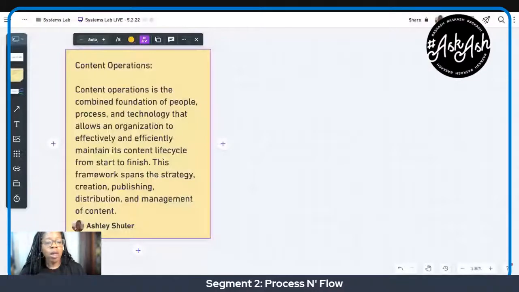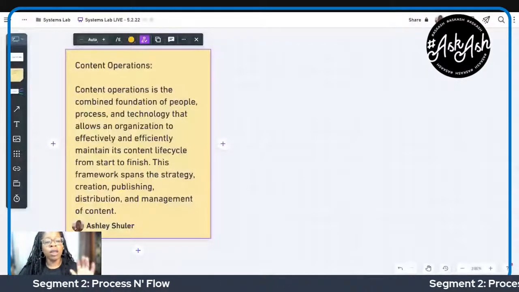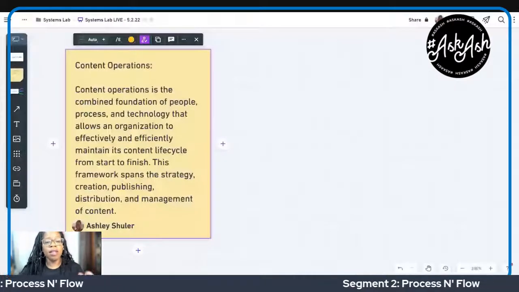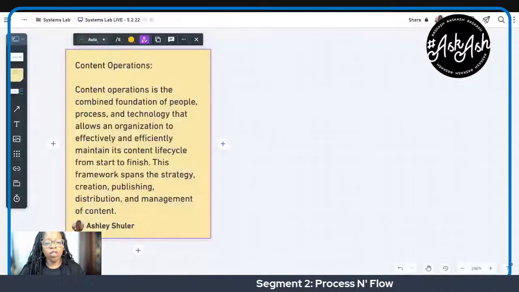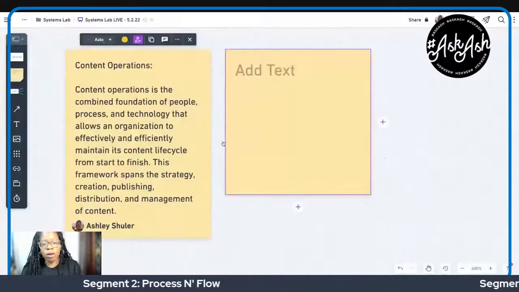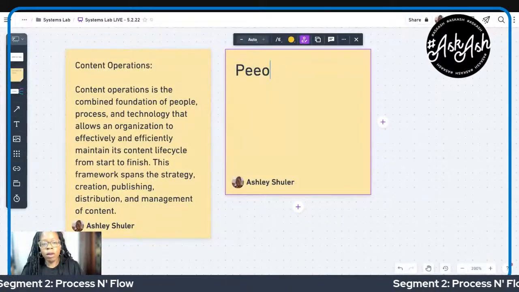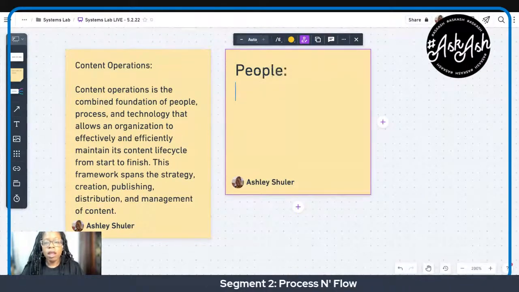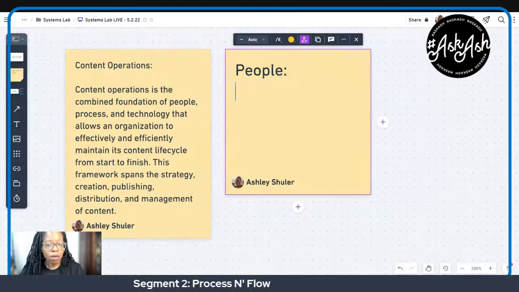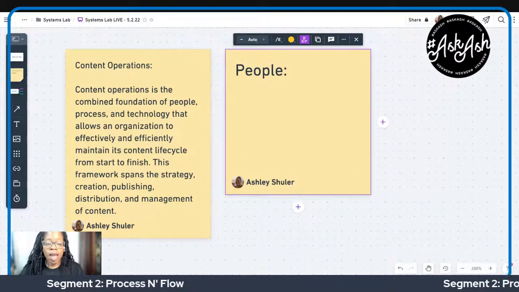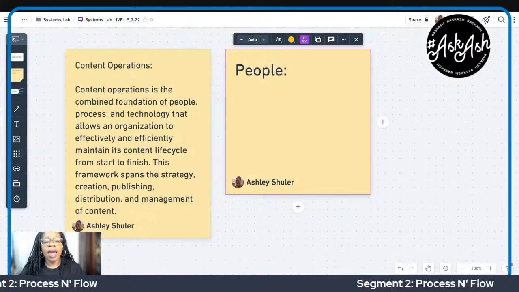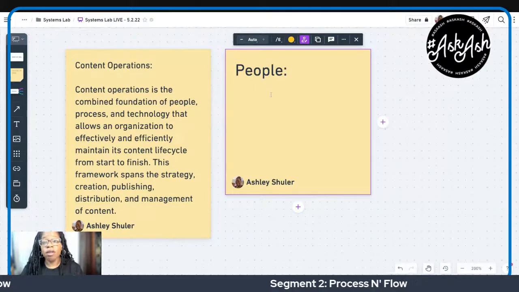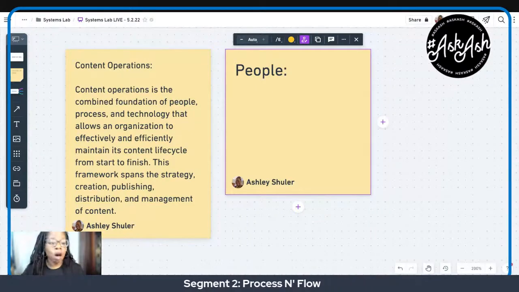So what we're looking at with content operations is the people, the process, and the technology. That's something really important that we get into. We're looking at the people factor. What do we mean by the people factor? What we mean is that we are looking at who is performing the task. Who's the creator? Who's going to be the author?